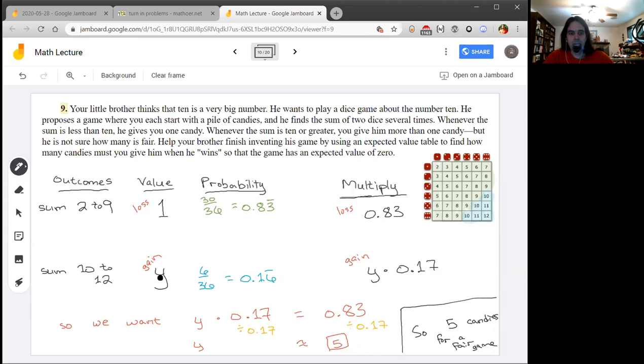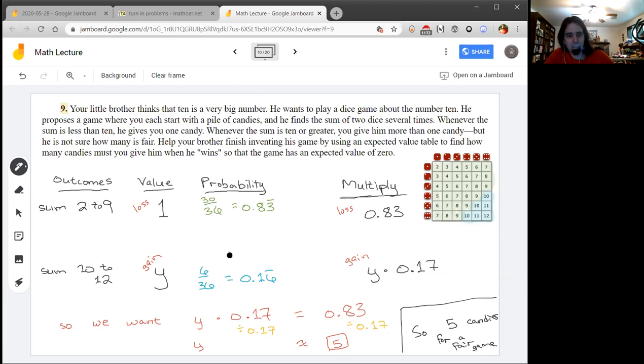You have to give him 5 candies when you roll a 10, 11, or a 12. And he gives you 1 candy when the dice are a smaller number. We can see that's balanced because 5 times 6 would be 30, which is like the 30 up here. And you got the 0.17 by adding 1 to 6 divided by 36, 0.16 here.